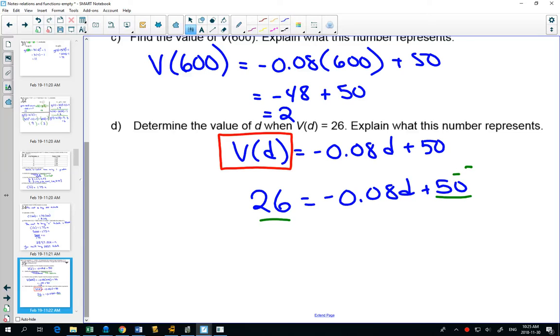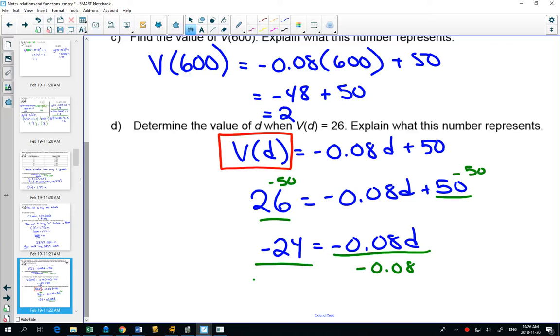So I might start by subtracting 50 on both sides. I would have negative 24 equals negative 0.08 d. And now if I want to get d by itself, the opposite of multiplying by negative 0.08 would be to divide both sides by negative 0.08.